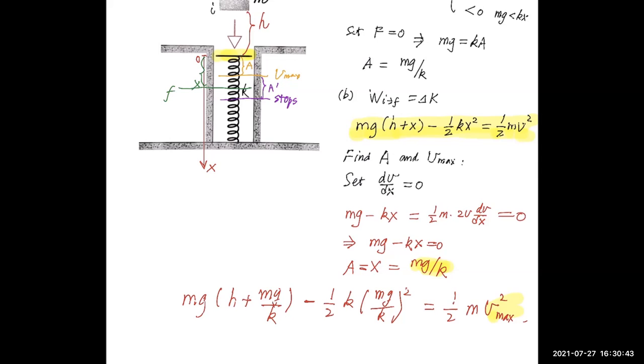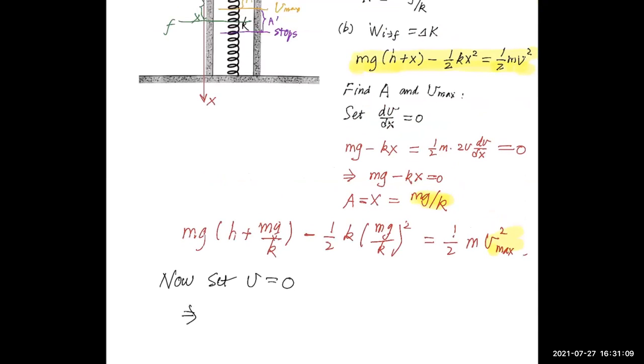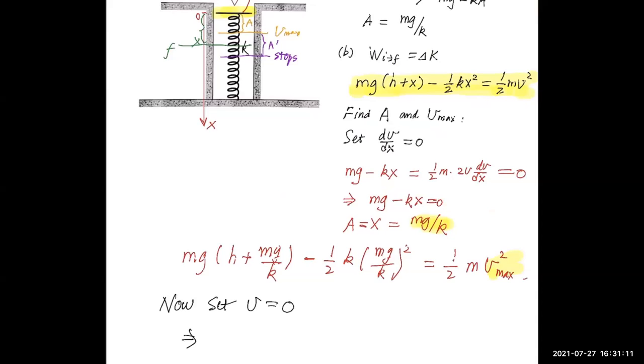And second, let's find A prime. How far do you have to go further down? That actually is also a piece of cake because all we have to do is set v equal to 0. Because as it goes further down by distance A prime, you find that v becomes 0. So set v equal to 0, in order to find the amount of compression which will eventually stop the block from going further down.